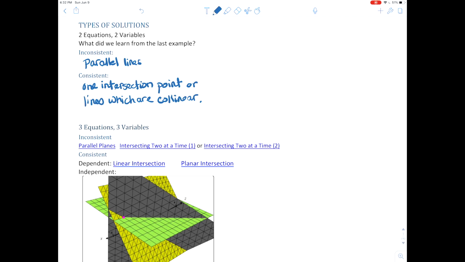They're the same line, right? And so that's infinitely many points of intersection.